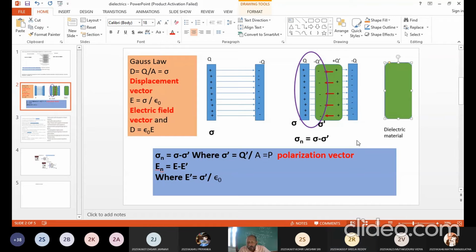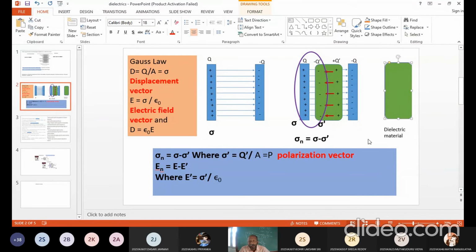Polarization. Beautiful, it is getting polarized. Why are you saying that it is getting polarized? One type of charge is going to the other side. So from this neutral material, one kind of charges are moving to one side and another kind of charges are moving to the other side.